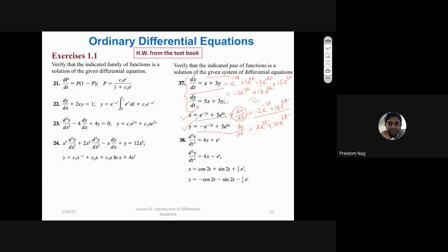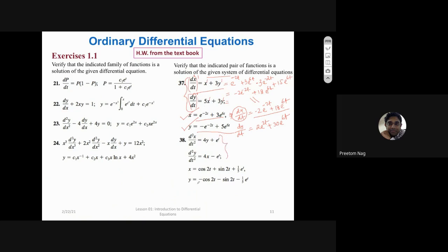Power 1, order 1 as well. So this system of differential equations is linear: linear in x, linear in y. So it is a system of linear first order differential equations.